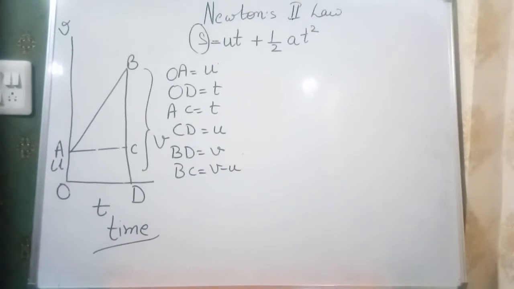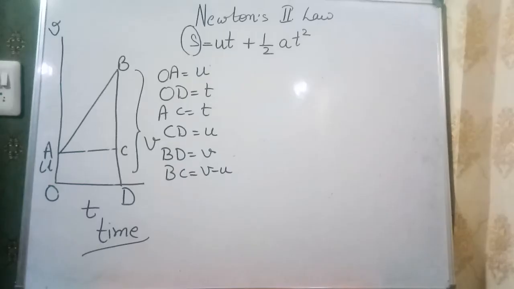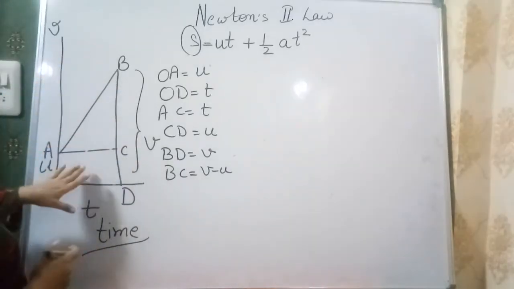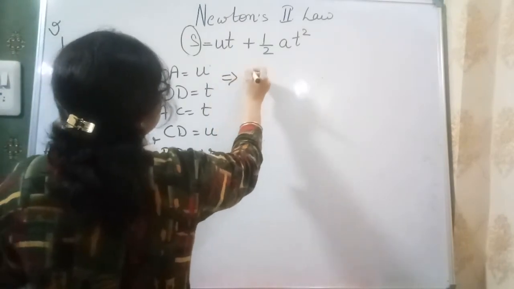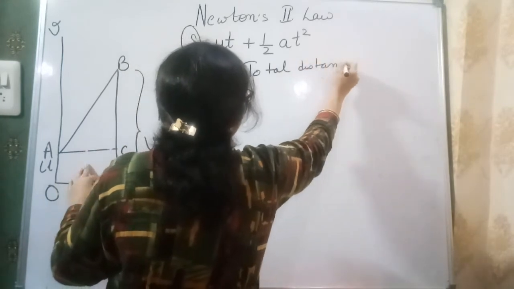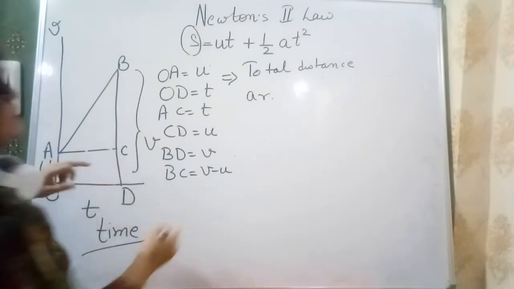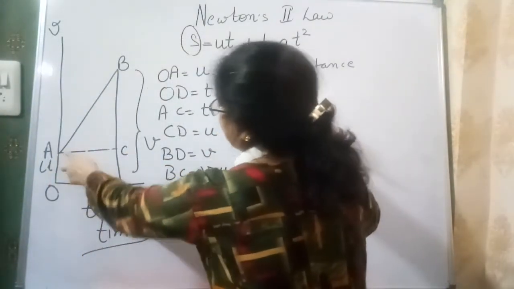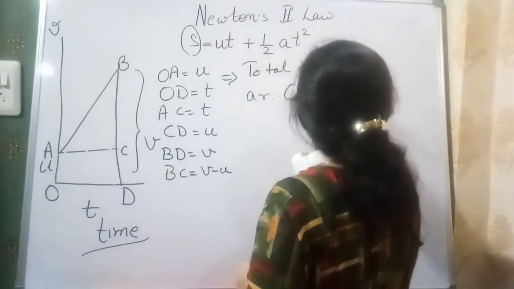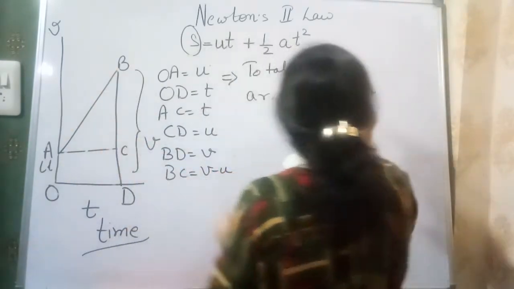Now, what will we do? Now see here, we have to find total distance, which is equal to area of OACD, rectangle, plus area of ABC, that is triangle.